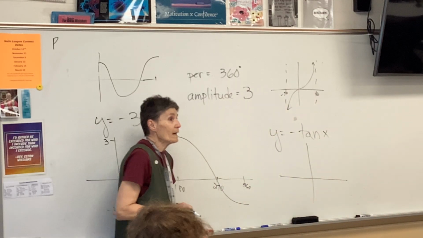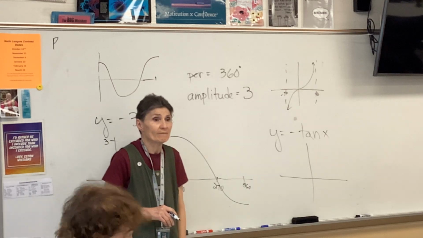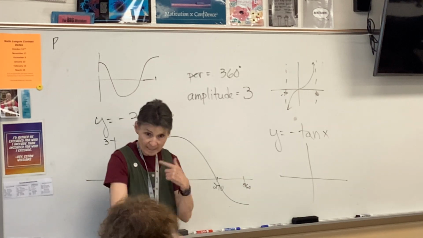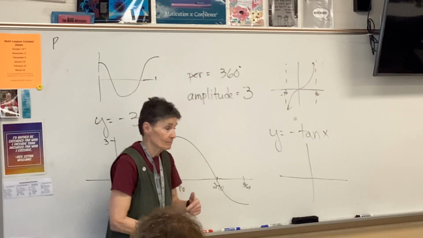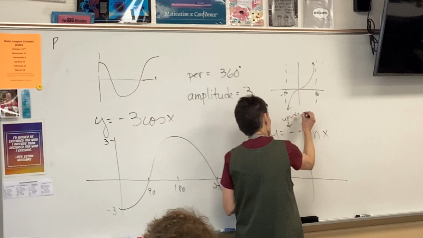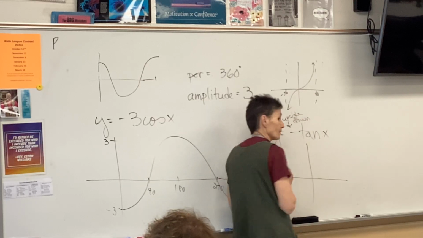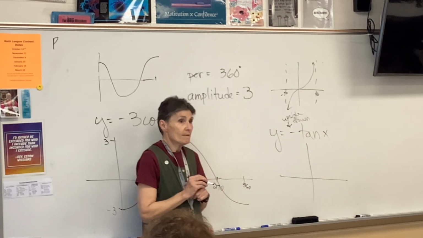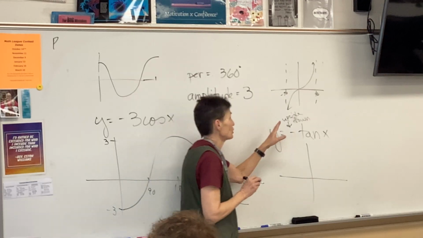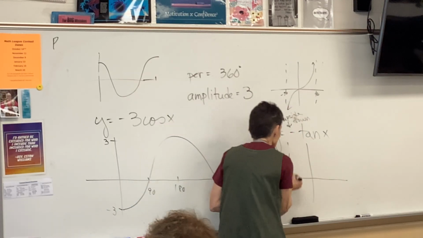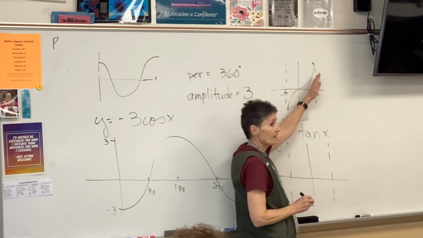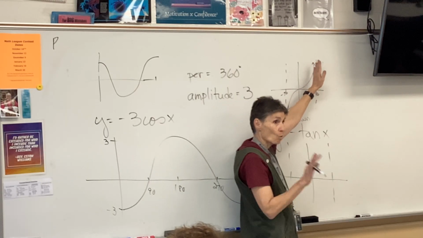All right, what do you think? What happens when I put a negative out in front? Turns it upside down. This isn't upside down. Okay? Now wait a minute. A normal tangent, asymptote, starts down and ends up. That's normal.